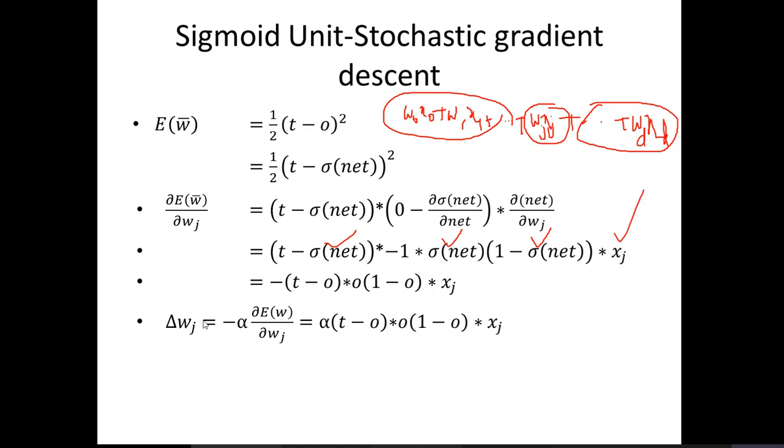So this is a very rhythmic expression, (T minus O) into O into (1 minus O). Hence, the change in the weight Wj is minus alpha into dou E by dou Wj. The minus and minus cancel each other, so it is alpha into the expression (T minus O) into O into (1 minus O) into xj. I have been telling you that this error of classification is always projected onto the feature value, and the resulting value would be the change in the weight.